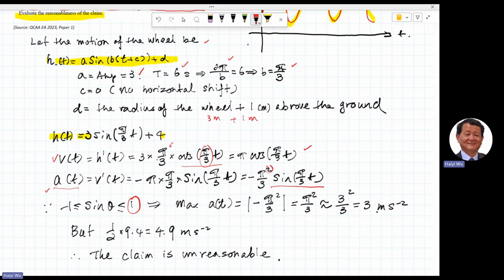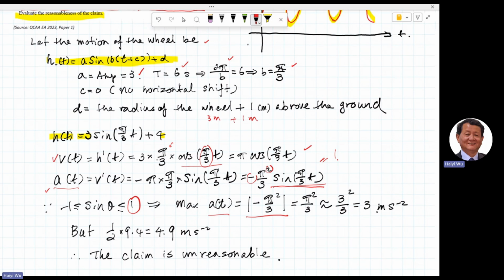But we want the acceleration to be maximum, and it can't be negative, so we take the absolute value of the front number, because the maximum of sine is 1. So we put an absolute value on it, and the answer is pi squared over 3.